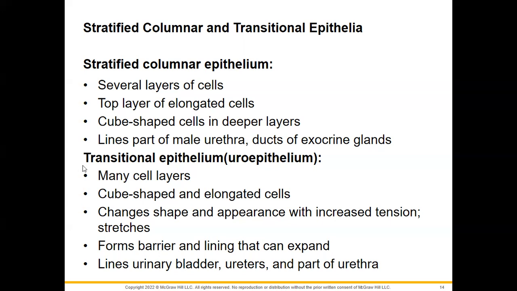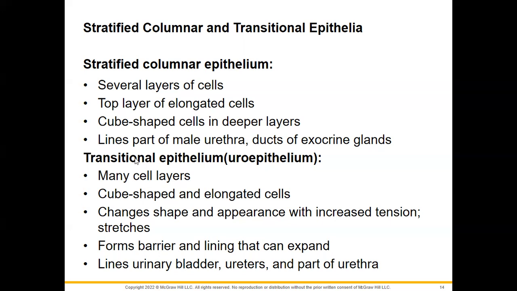The next and final type of epithelium is transitional epithelium, or uroepithelium. Transitional epithelium is also a multi-layered type of cell.